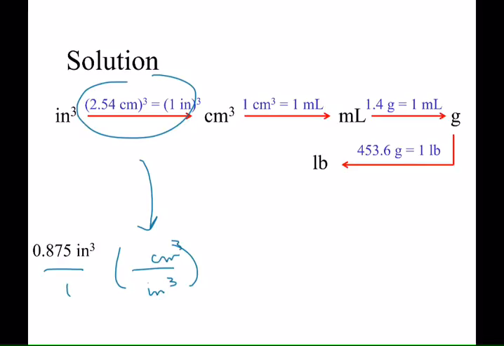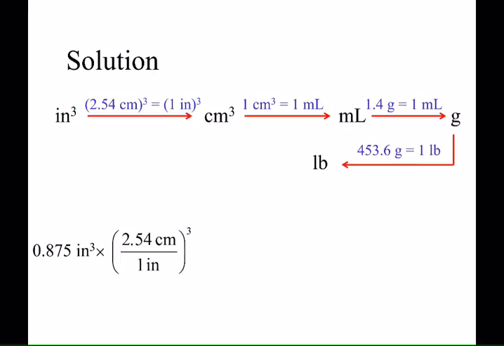We're going to actually take that one relationship times itself 3 times, raised to the 3rd power. So at this point now we have inches cubed canceled. Yay! We're left with units of centimeters cubed.